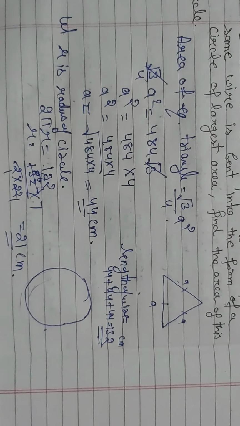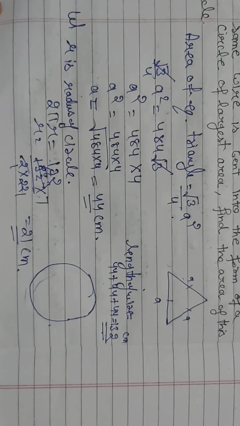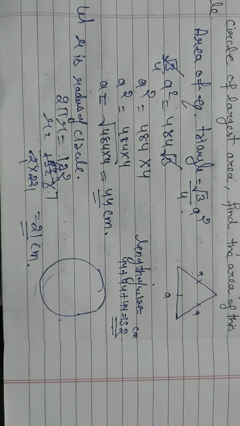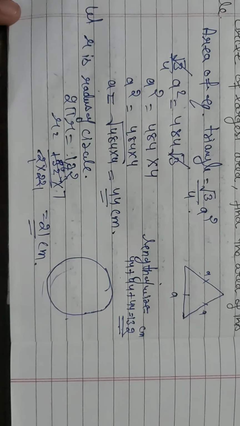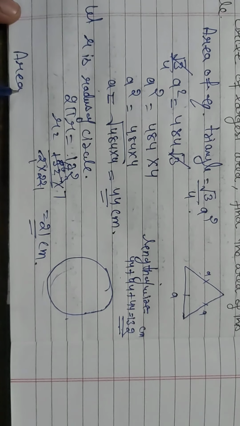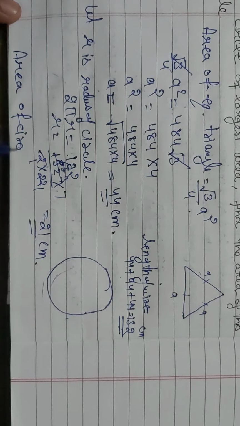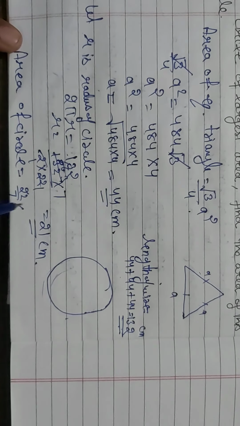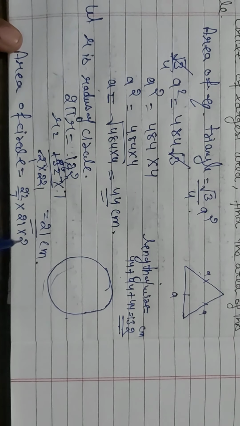Now we find the area of the large circle. Area of the circle equals pi r square. So area of circle equals pi, 22 by 7, into r square. R is 21. 7 ones are 7, and 3.